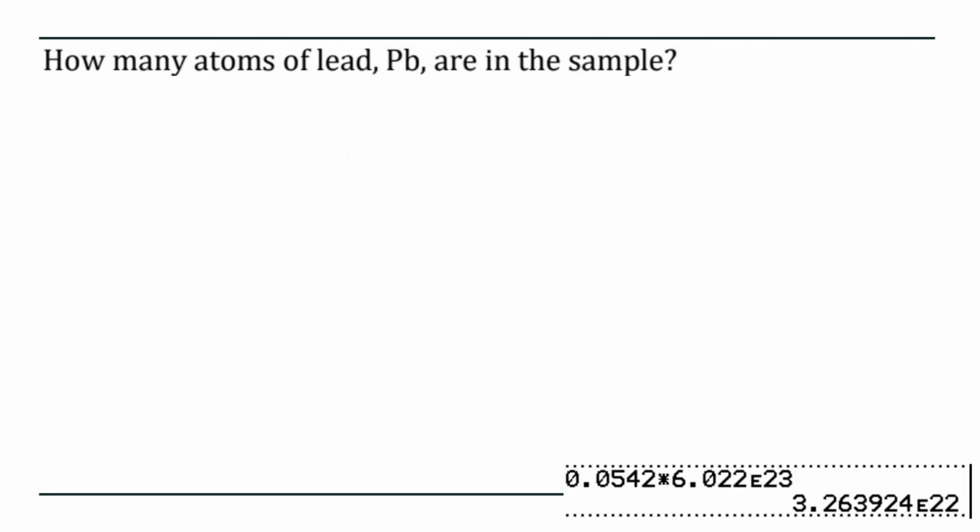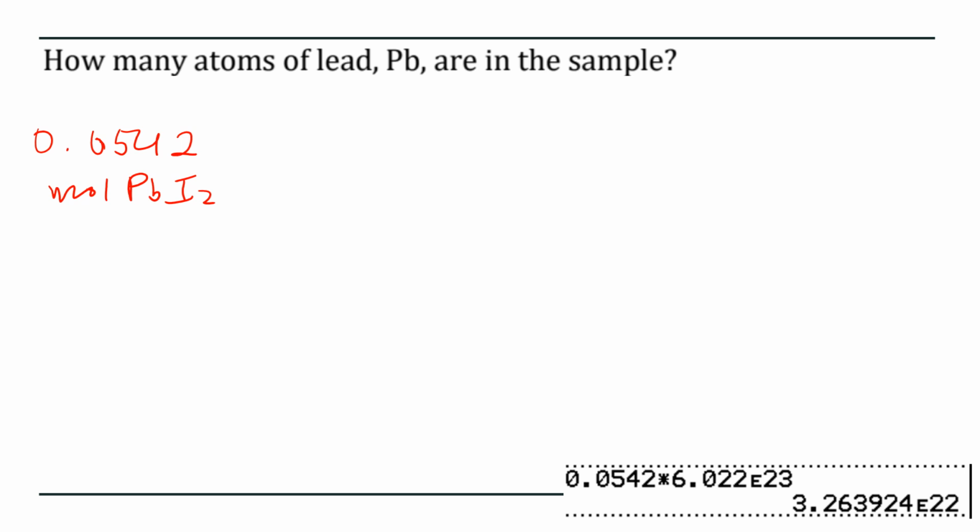How many atoms of lead are in the sample? So first of all, we're going to use our answer from the previous question. So just use the number that we have for the final answer, 0.0542 moles of PbI2.